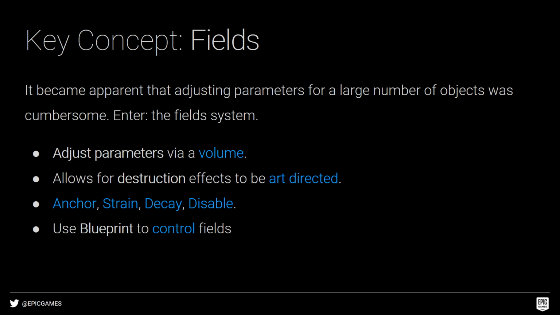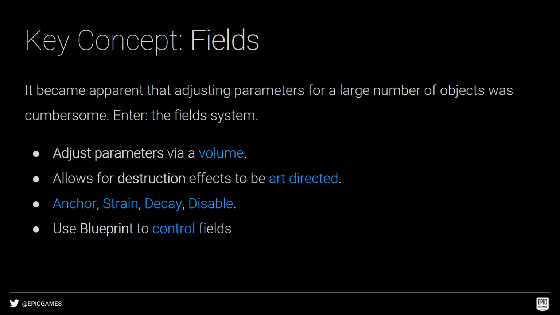Okay, fields. As we were developing the chaos demo that you saw the other day, it became apparent that you're going to create a large number of geometry collections. And each of these geometry collections have themselves a large number of parameters that need to be tuned. Going into each one of those and fiddling with spinners and what have you is a bit tedious. So we now have what we call the field system.